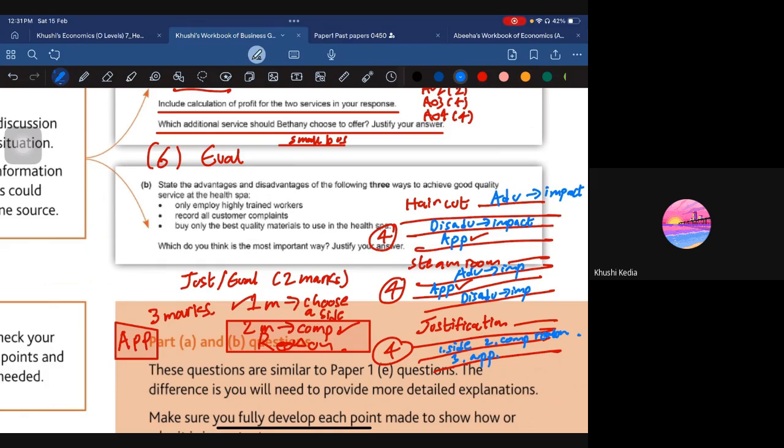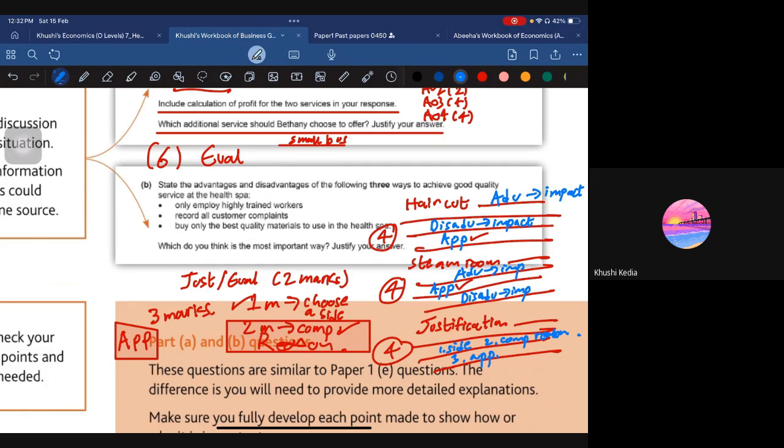So here, like for haircut, suppose the advantage, I only need to write one impact. I don't need to form a chain of analysis for that. No, no format. Application is something that gives strength to your justification. But the main 3 marks in your evaluation, apart from choosing a side, are for how you are evaluating it, right?